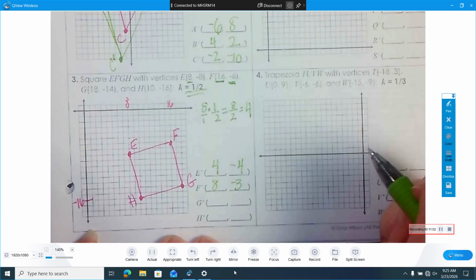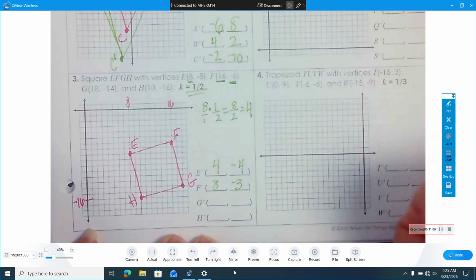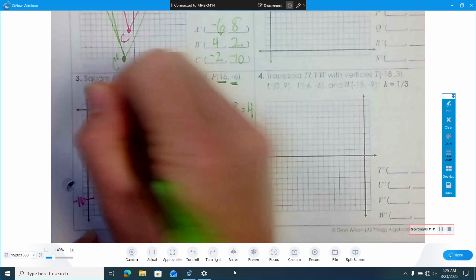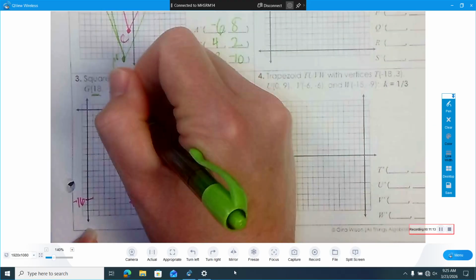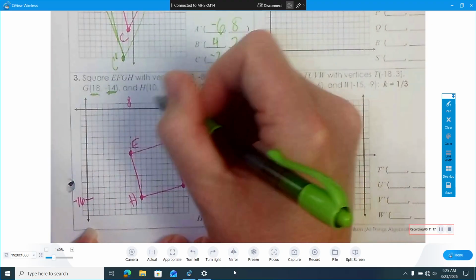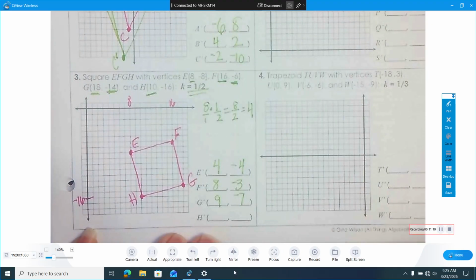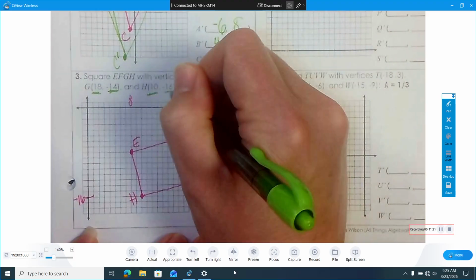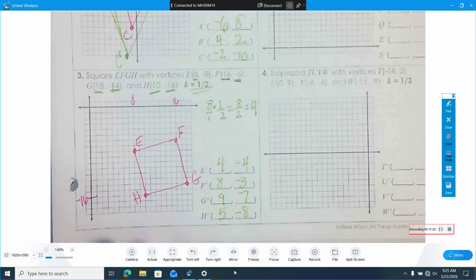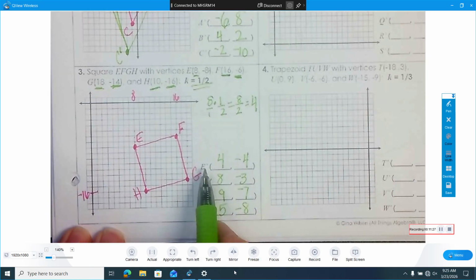And that's how I really like to say it, just half of something. We're good at that. What's half of 18? 9. What's half of negative 14? Negative 7. Good. What's half of 10? 5. Good. And what's half of negative 16? Negative 8. Great. All right, so we can plot those points.